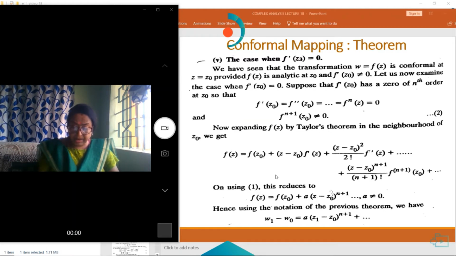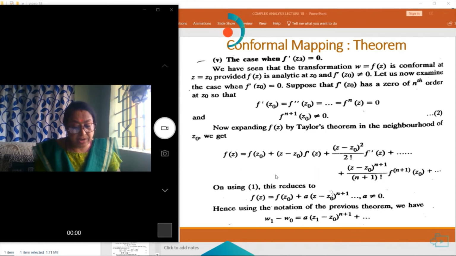So W1 minus W0 in the W plane can be written as rho 1 e to the power i phi 1, and in the Z plane we can write it as the modulus of A, because A can be written as |A| e to the power i lambda.